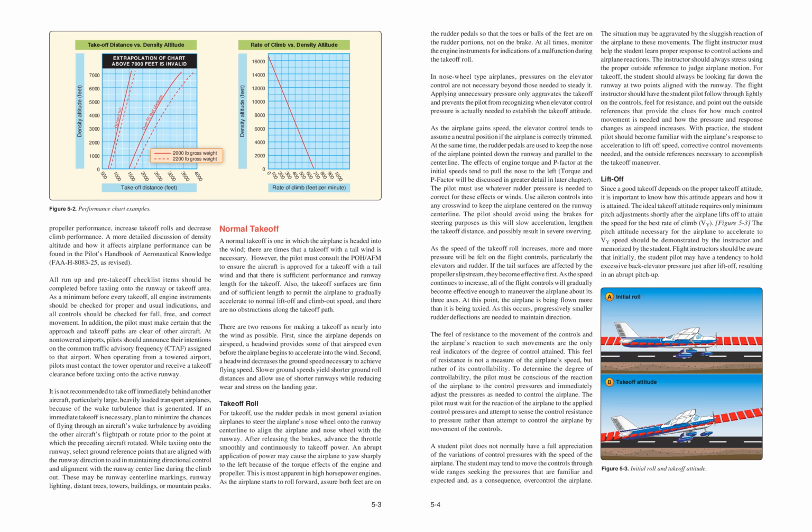Feet. Altitude. Density. 16,000. 14,000. 12,000. 10,000. 8,000. 6,000. 4,000. 2,000. 0.